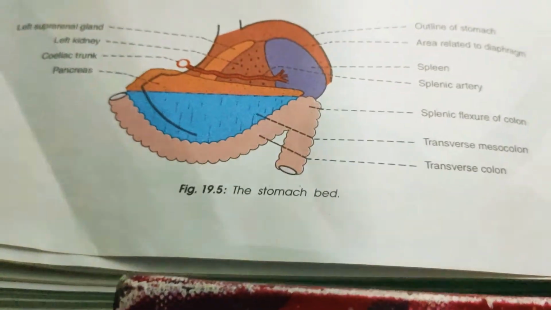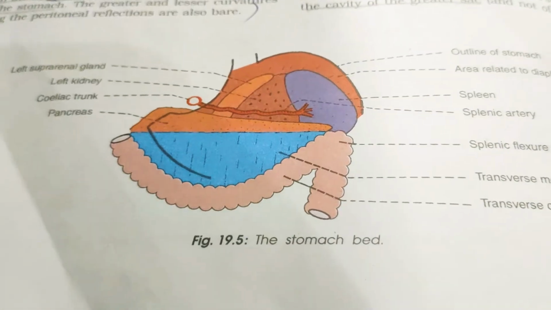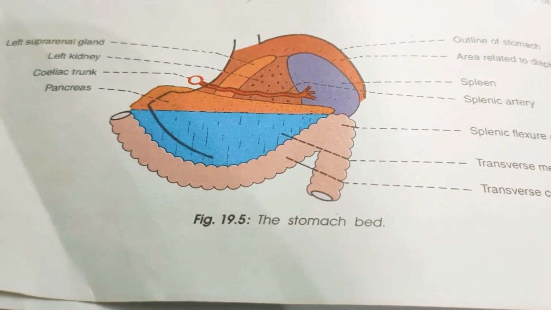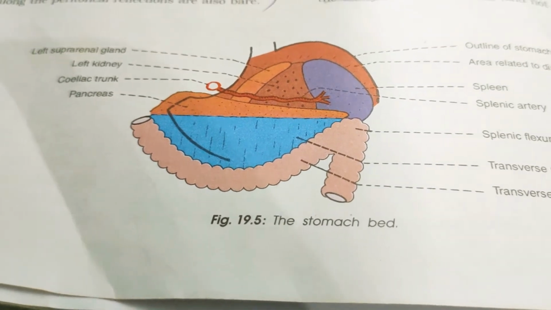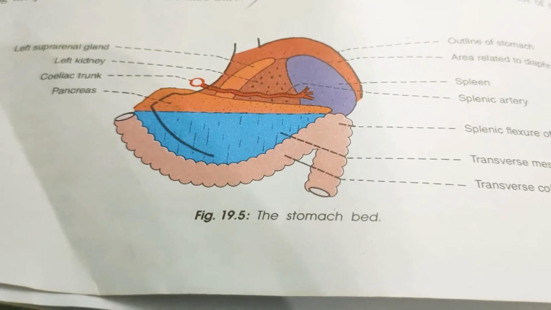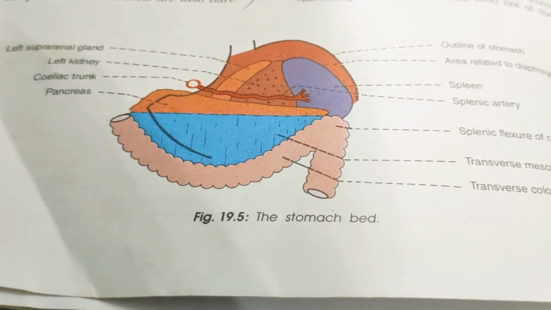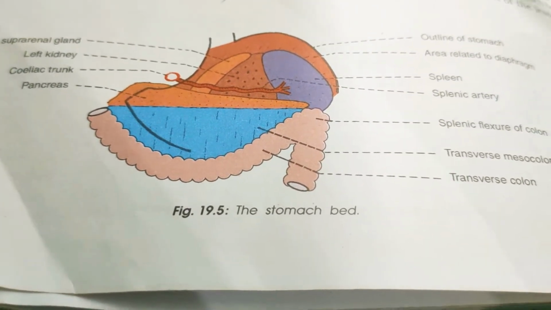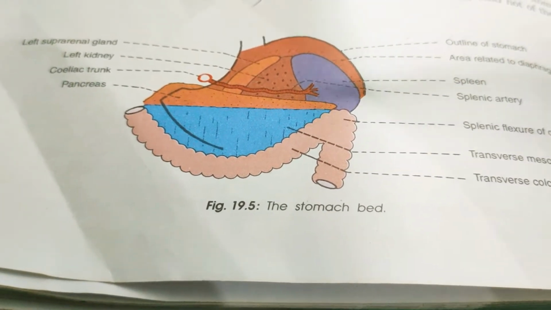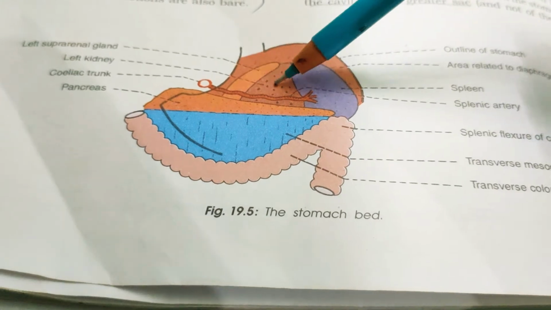You can see this diagram to check out the posterior relations of the stomach. Posterior to the stomach you have the diaphragm, and also the left kidney. You can see here this is the left kidney. This is the stomach, and these are the posterior parts of the stomach.